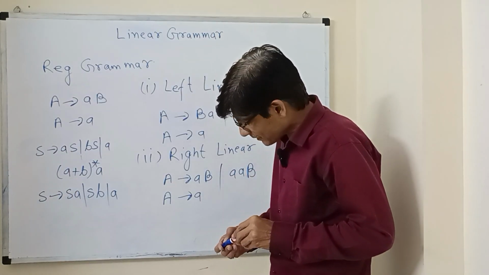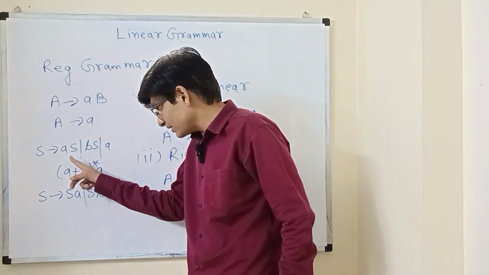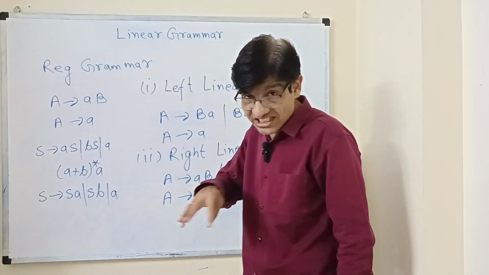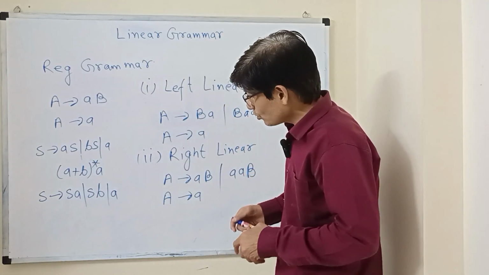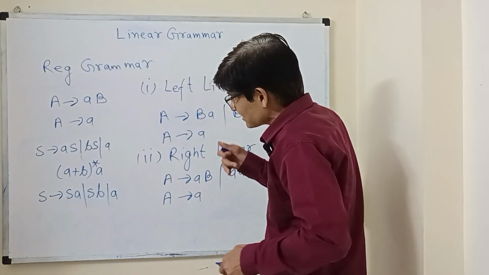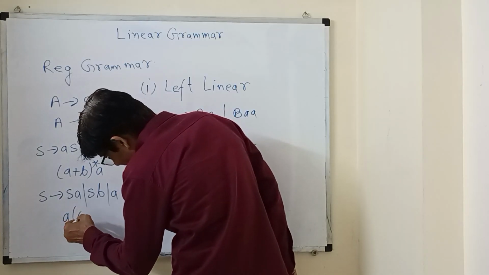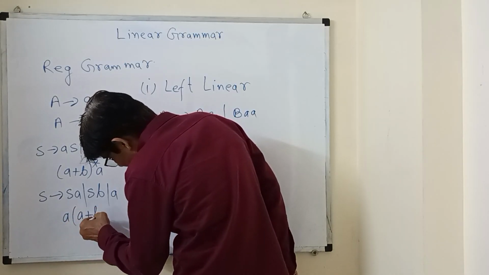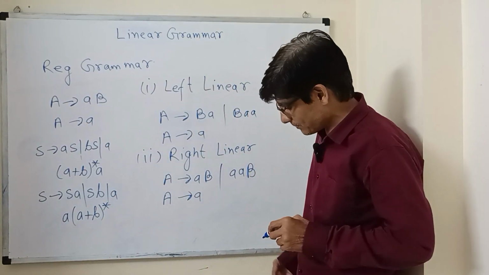So I have converted this grammar from right linear to left linear just by reversing the right hand side of each production. Now, what would be the language of this particular grammar? That is interesting. The language of this grammar would be a followed by the Kleene closure of a plus b.